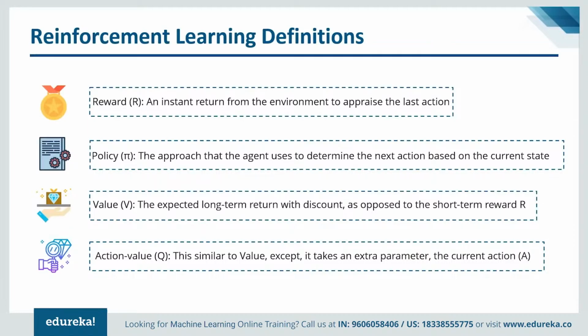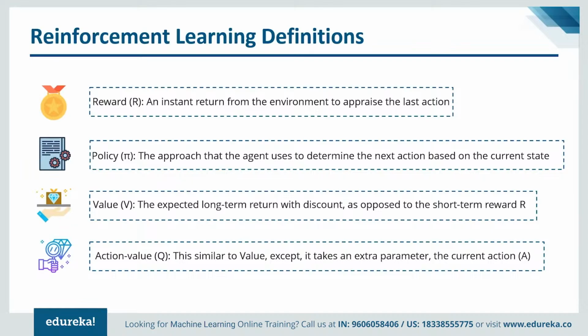Next we have reward. A reward is basically an instant return from the environment to appraise your last action. It can be coins or additional points. A reward is given to an agent after it clears specific stages. Next we have policy. Policy is the strategy that the agent uses to find out his next action based on his current state.